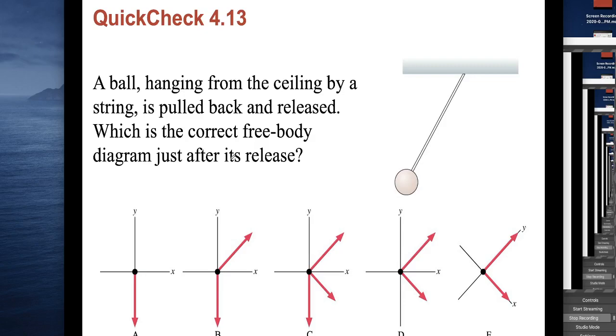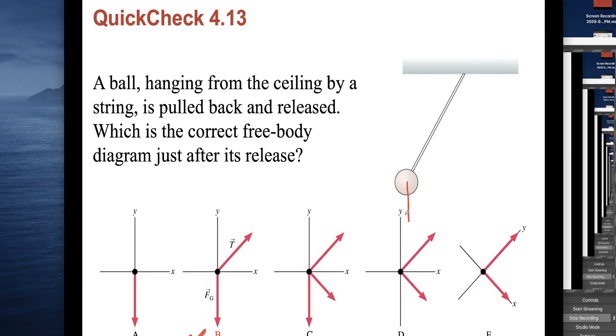Okay, so I think now you all have your answer. First of all, let's see what the answer is. The answer is B. Did you get it correct? Let's look at the ball.